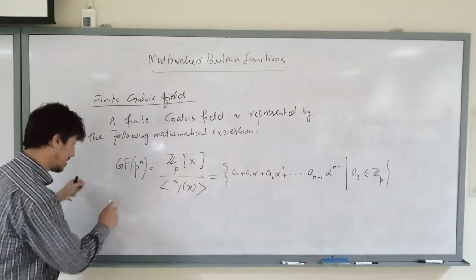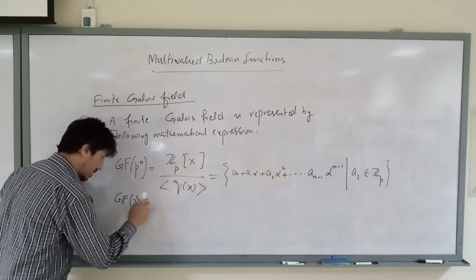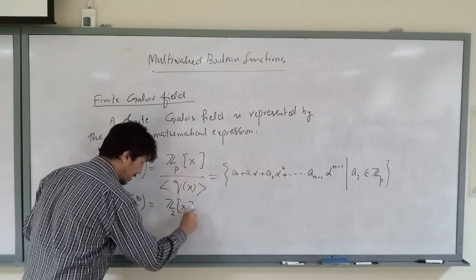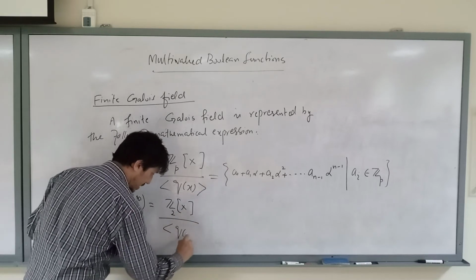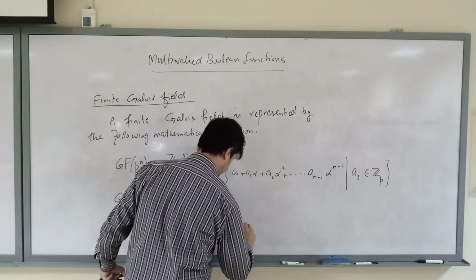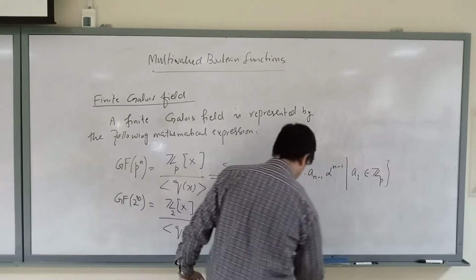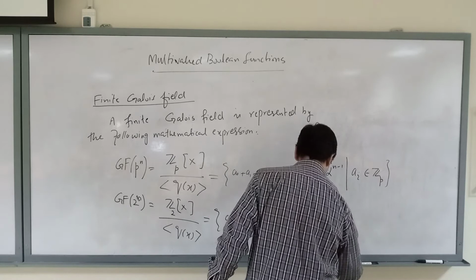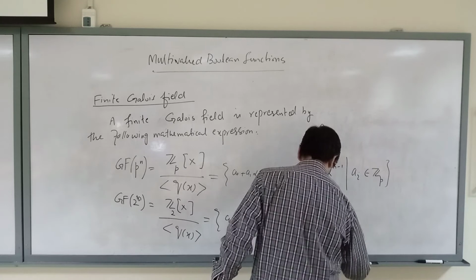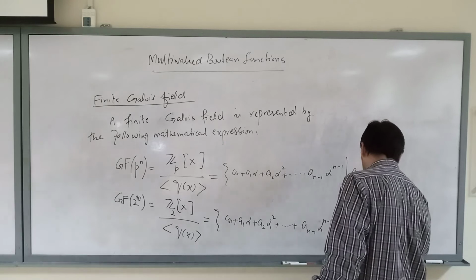So I have to put this GF 2 power n, and this is Z2 of x, and this is Q of x, and A0 plus A1 alpha plus A2 alpha square up to and so on plus AN minus 1 alpha power n minus 1, where all AIs belong to Z2.